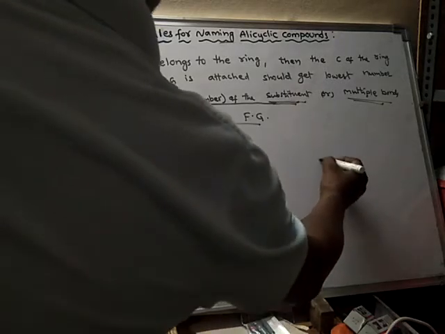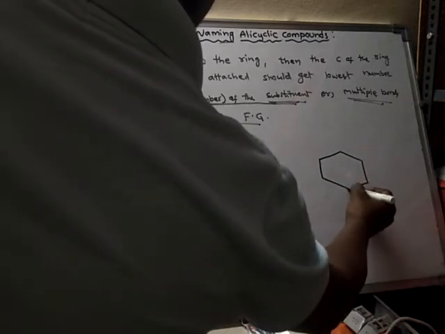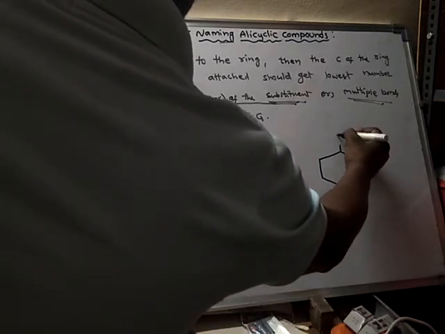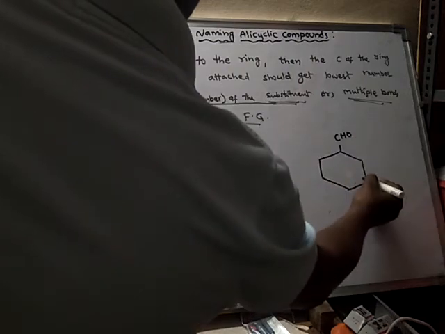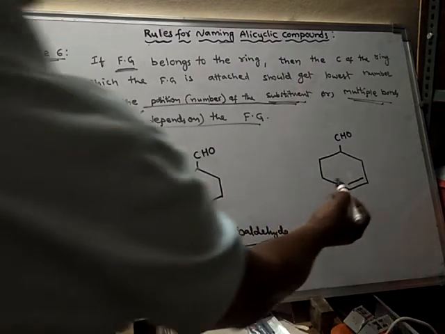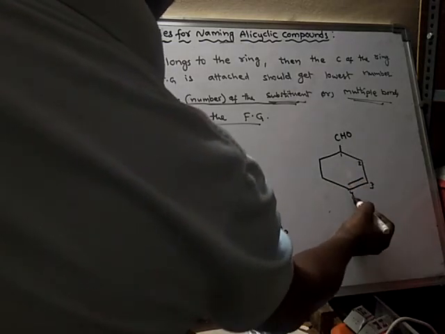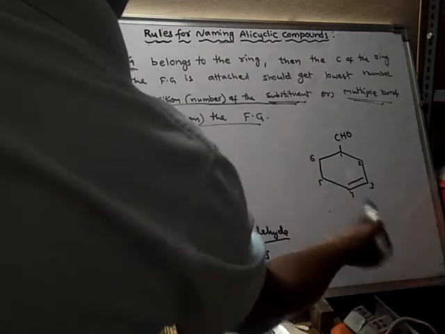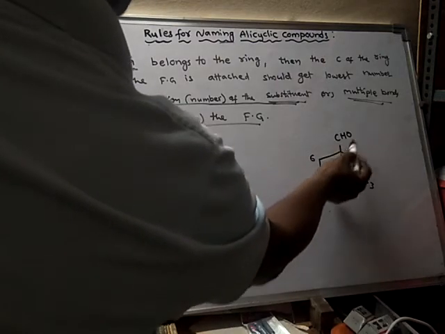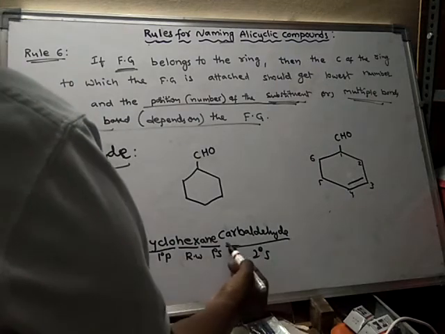Suppose if it is like this, what is the name of this compound? So here this carbon will get number 1, this carbon will get number 2, 3, 4, 5, 6 and so on. Here on the first carbon the aldehyde group is present. So anyhow, 1 carbaldehyde.